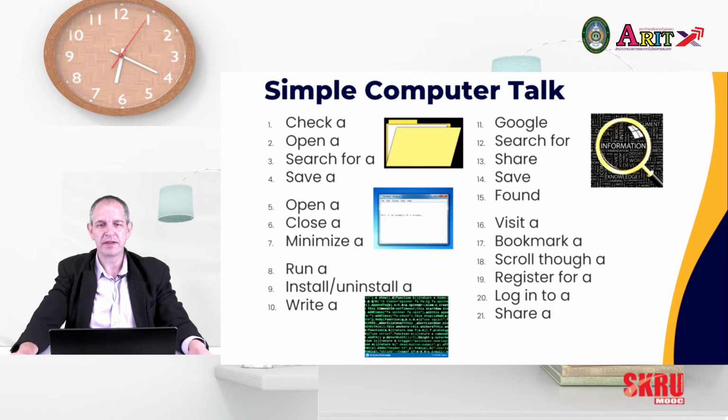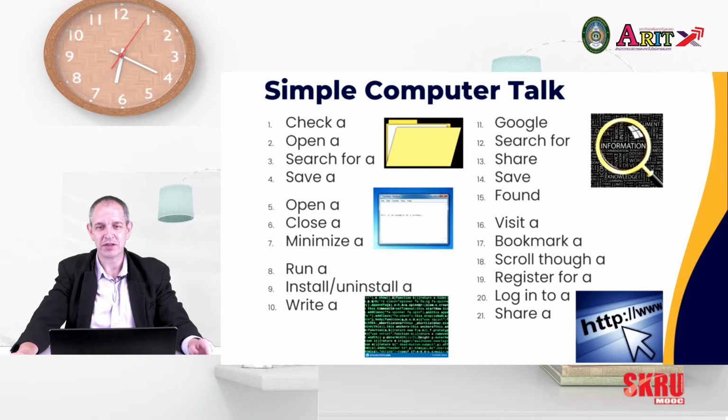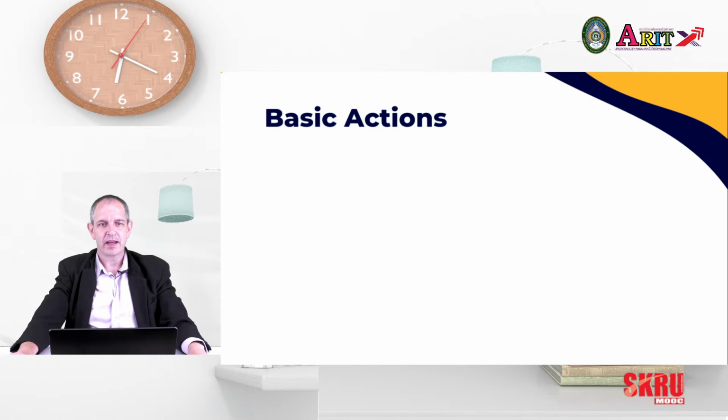And our last one, we have visit, bookmark, scroll through, register for, log into, share, can all be used with website. Visit a website, bookmark a website, scroll through a website, register for a website, log into a website, and share a website.